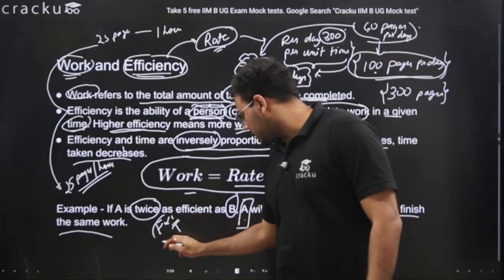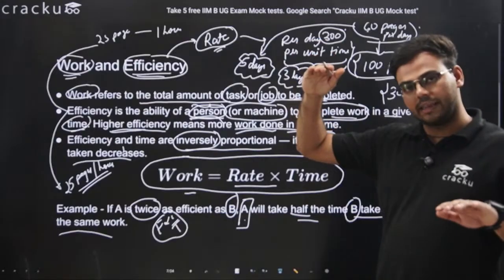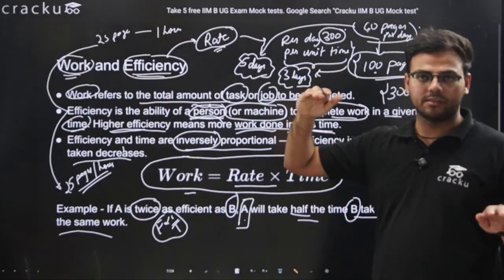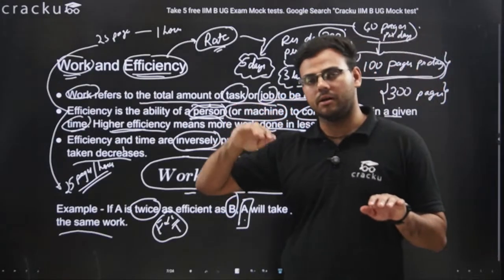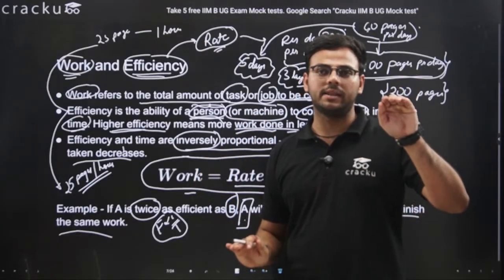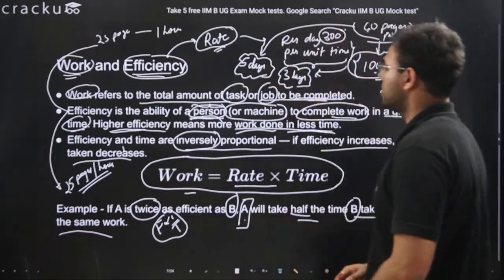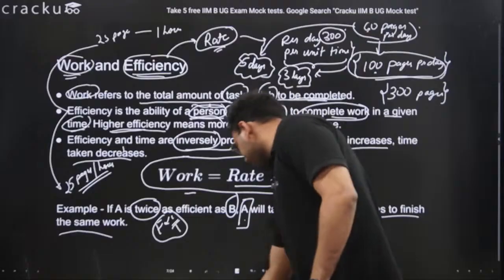If efficiency increases, time taken to complete the job decreases compared to the other person. If efficiency is decreased, then time taken to complete that work compared to the other person will increase. So if you have any doubt in this one, you can ask.